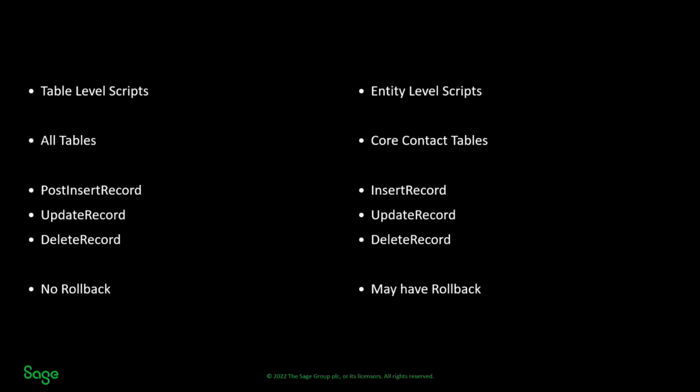Now, one of the big differences between an entity level script and a table level script is if you are working with something as complex as a company screen, you could make rollbacks. If somebody is trying to enter a non-existent address into a company, you can check for that and roll back and say, you can't enter this into the system.